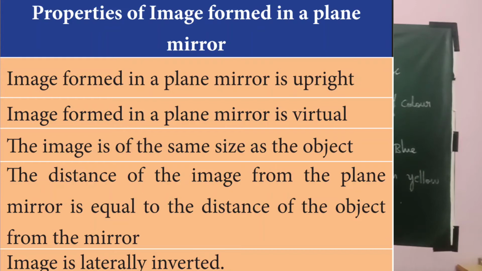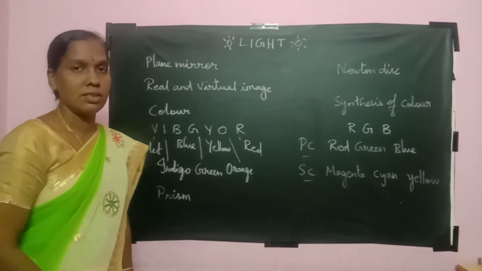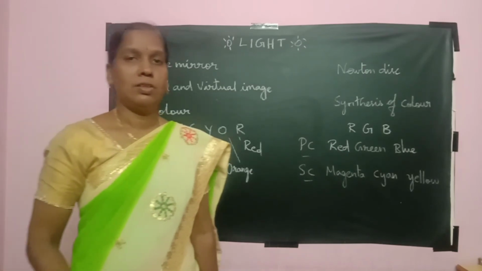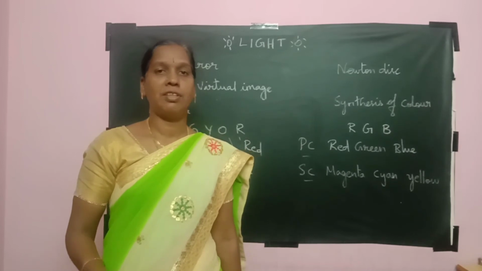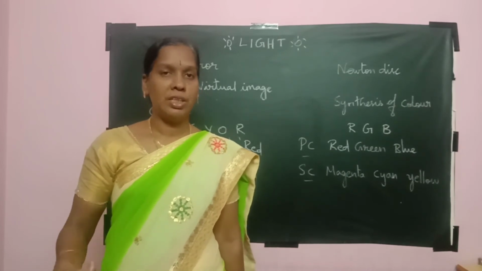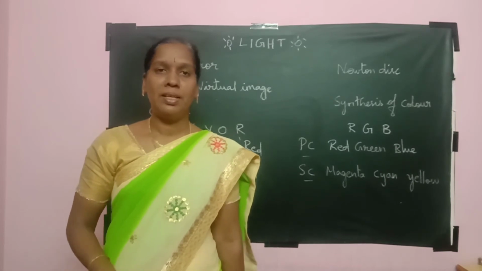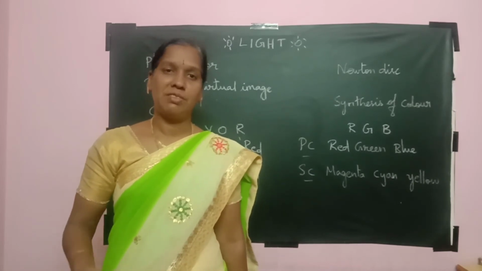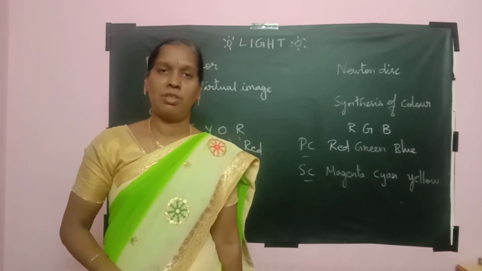And then let us move on to colors. What do we mean by colors? Light is a form of energy, as we have already seen. With the sensation of light only we are able to view the wonderful things around us. Visible light is a wave which has a wavelength ranging between 400 nanometers and 700 nanometers.